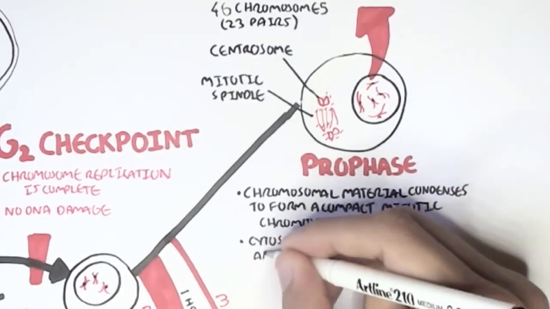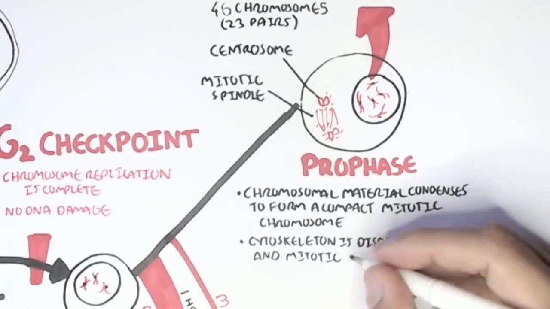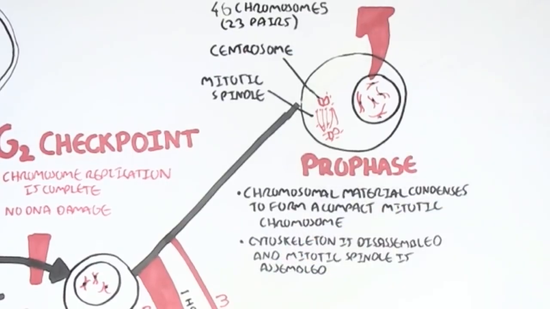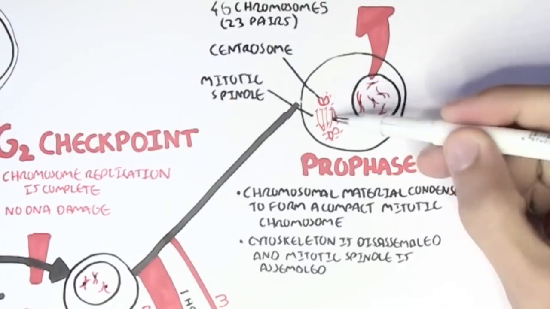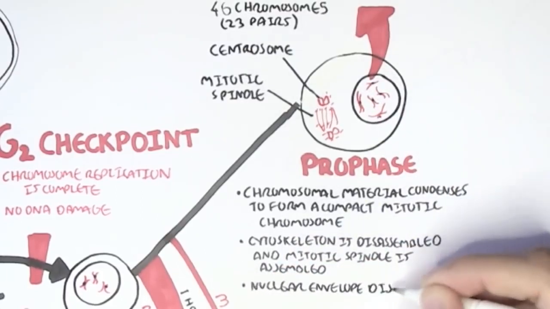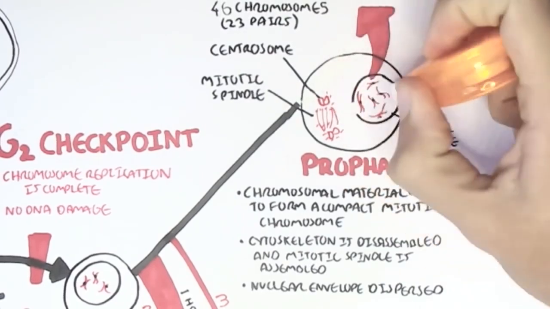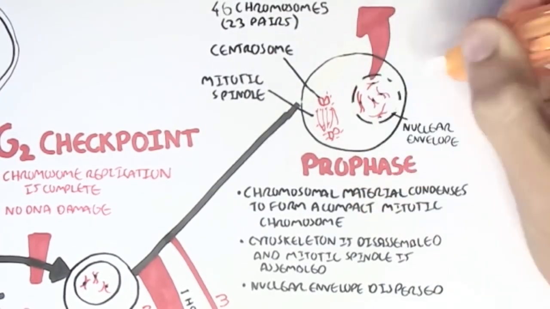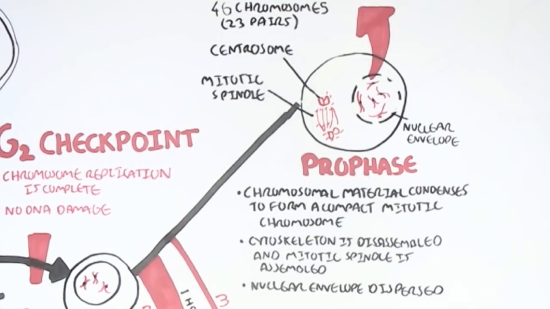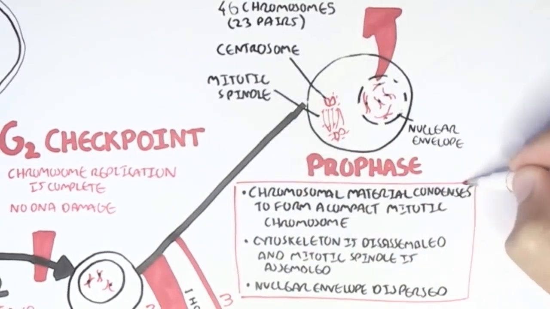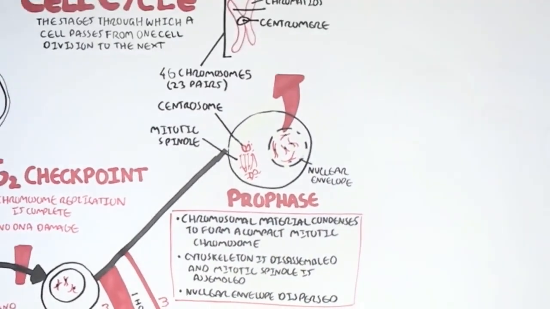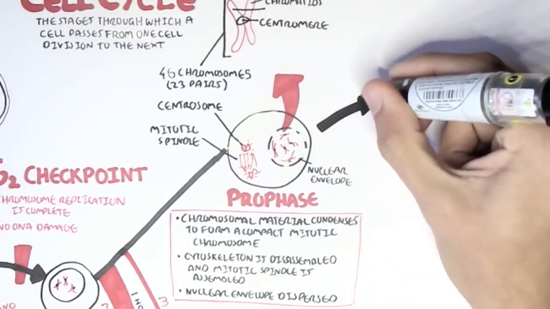The cytoskeleton is disassembled, and the mitotic spindle is assembled. The centrosomes form the mitotic spindle. The nuclear envelope is also dispersed, so the nuclear membrane starts degrading to allow these chromosomes to be free.